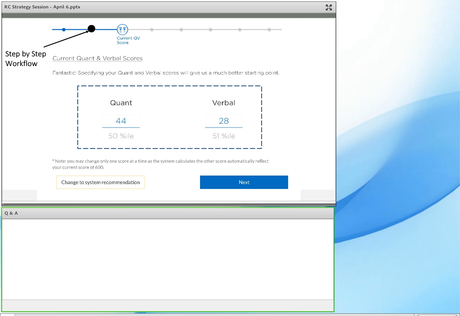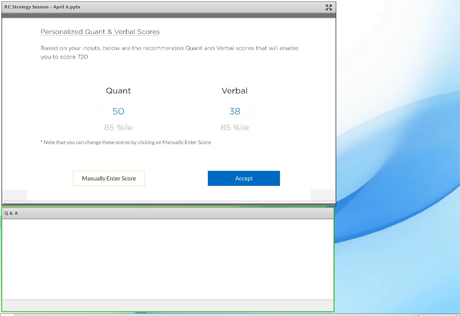And in this case, even though both these scores are around the 50th percentile, a Q44 means that you know a lot more concepts in quant than you know in verbal. Accordingly, the recommendation that it gives you with regards to getting to a 720 emphasizes quant first and then focuses on improving your verbal enough.